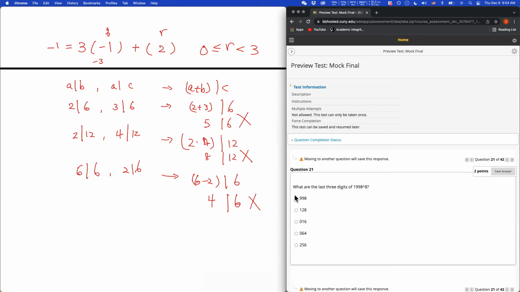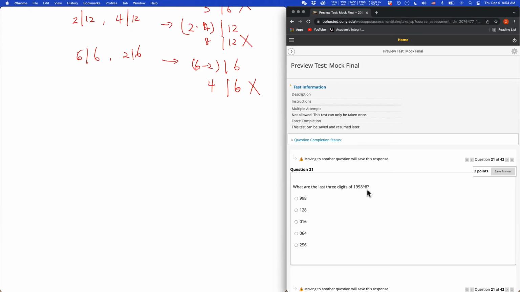Okay, next it's asking what's the last 3 digits of 1998 to the 8th power? Well, to find the last 3 digits, that means we are doing mod 1000. Now, what's 1998 mod 1000 congruent to? Anyone? Can you find another number that's congruent to 1998 mod 1000?